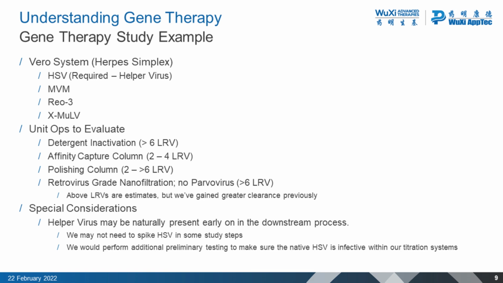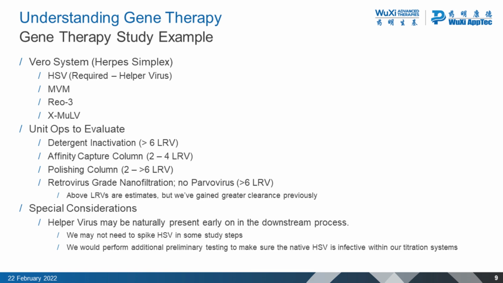So we do have a couple of special considerations. For example, with helper viruses, sometimes they are naturally present early on in the downstream process, again, for your affinity column or for your pre-affinity inactivation step. In those instances, we may not need to spike in the HSV.